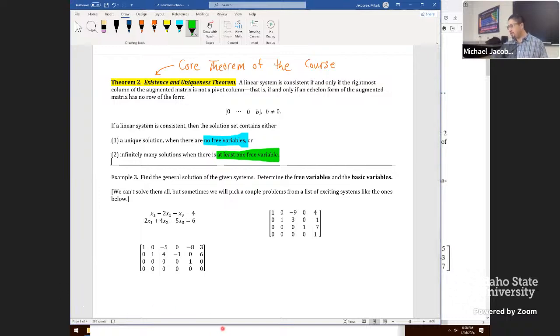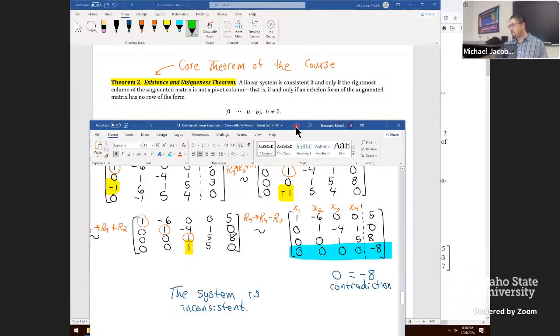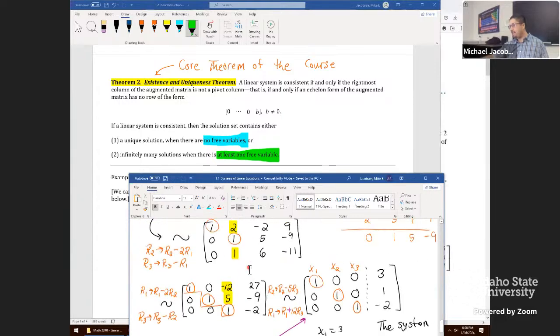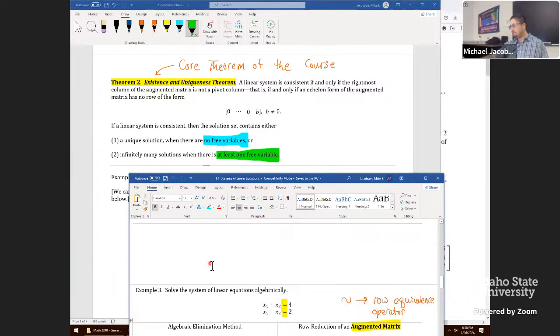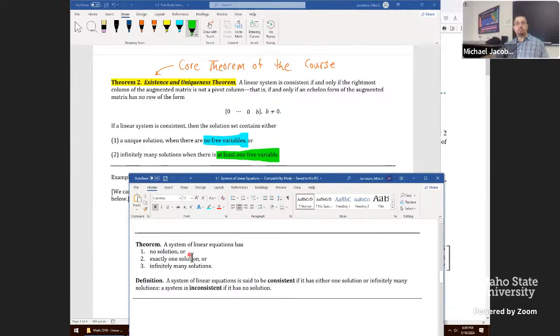Okay, so it goes along with the trichotomy we had. Let's see if we could pull that up. So in linear algebra, there's only really three things that can happen to any system. You could have no solution, and when that happens, you have this scenario, a pivot column on the far right. You could have exactly one solution. That means there's no free variables.